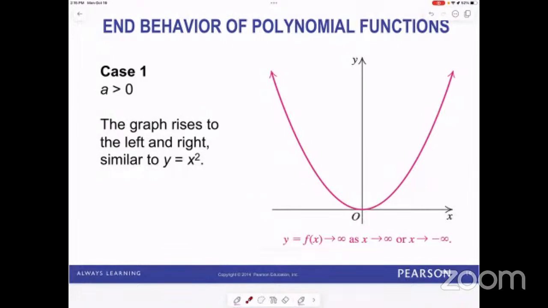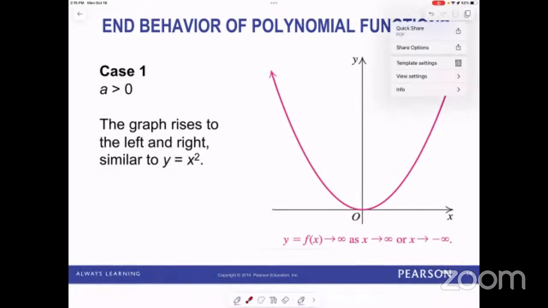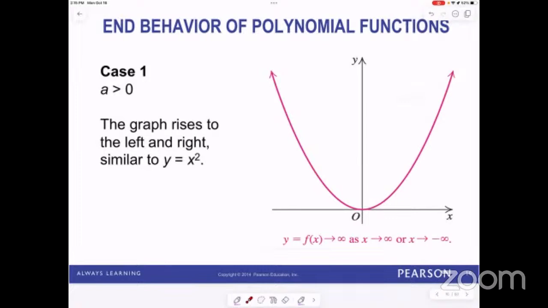So in end-behavior of a polynomial function, we need something else. In this case, I think where n is even. Okay, so I'm adding this part in vocal.